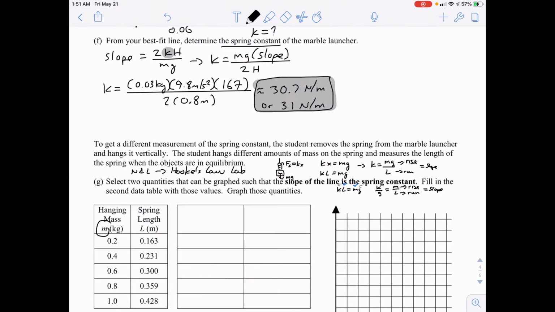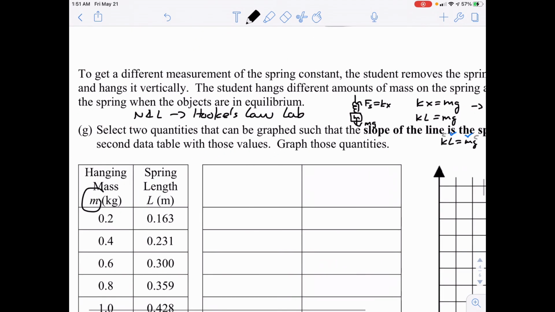I'm going to use the first method because I like the idea of my slope just equaling k and then being done with it. In order to do that, I need to find mg. So we've got our hanging mass, and I'm going to find essentially the hanging weight in newtons, which would be mg.